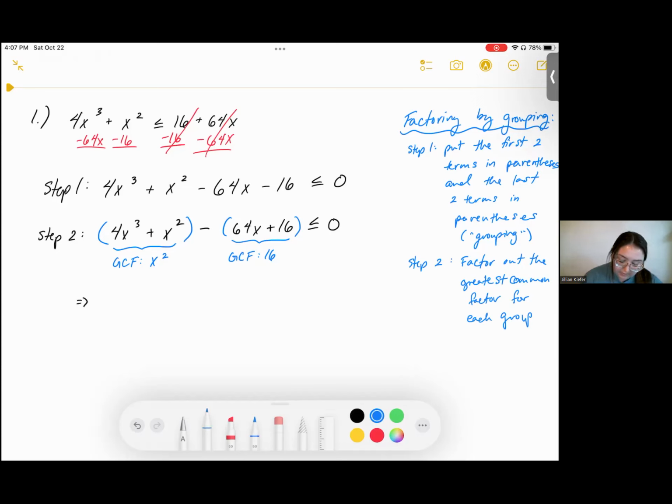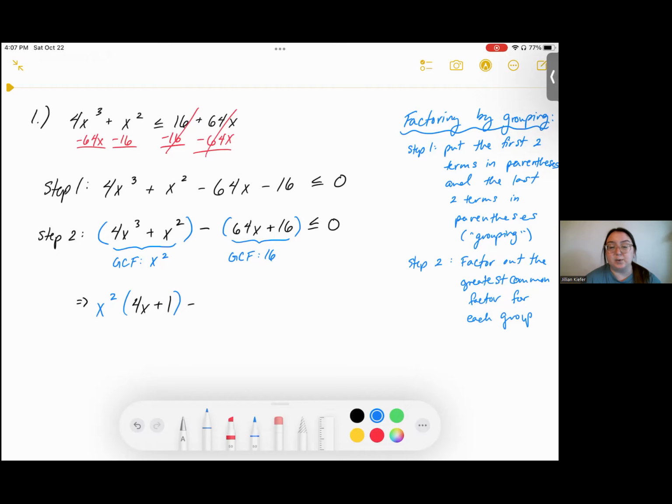So this means that we'll be pulling out an x squared from the first group. So we're going to have x squared times whatever's left over. So what we have left over is 4x plus 1. So as our first group, we factored out that greatest common factor. Now we want to do it to the second.